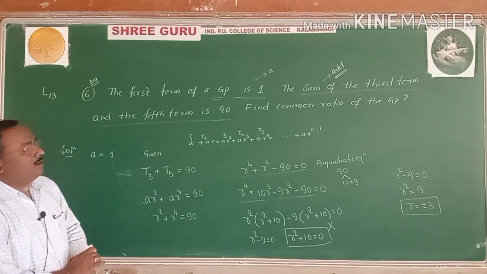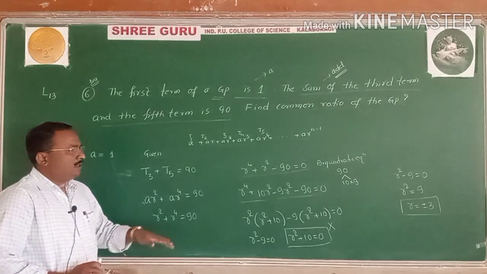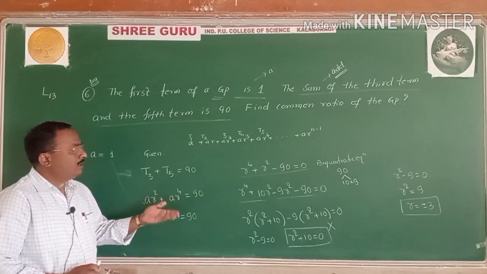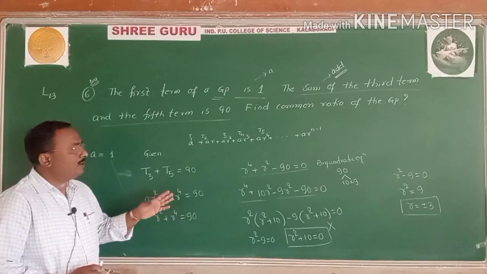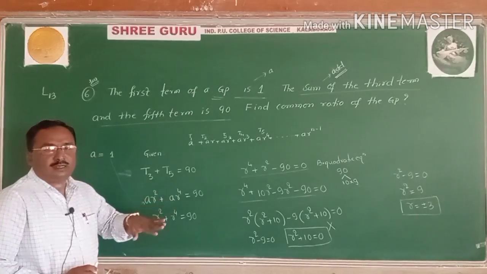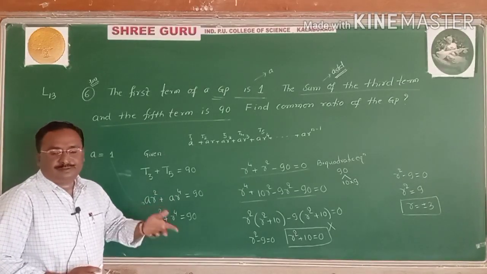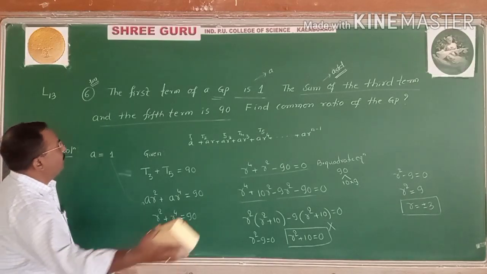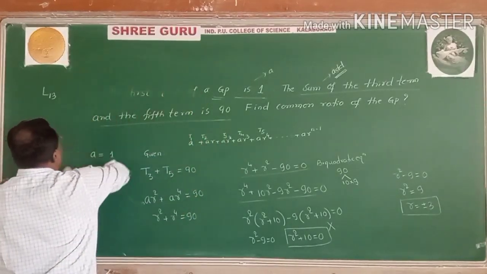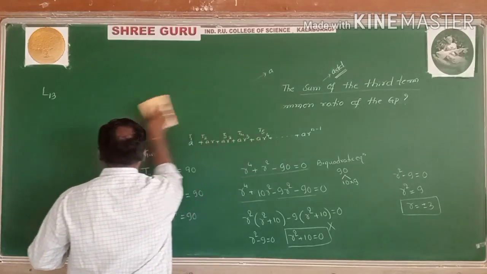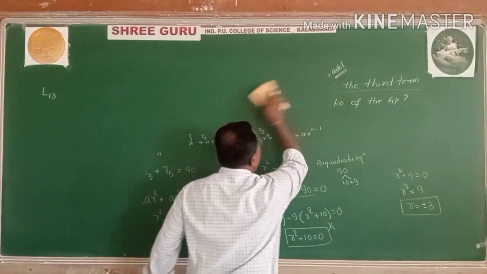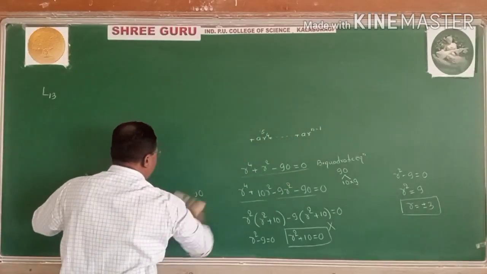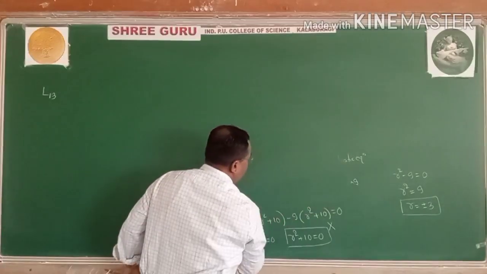Here we find the common ratio. The series is 1, 3, 9, or 1, minus 3, 9, in this form. The given condition is very important. Example number 6 is over. Next, example number 7.